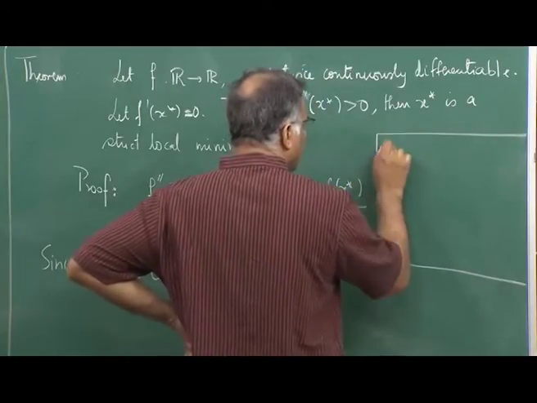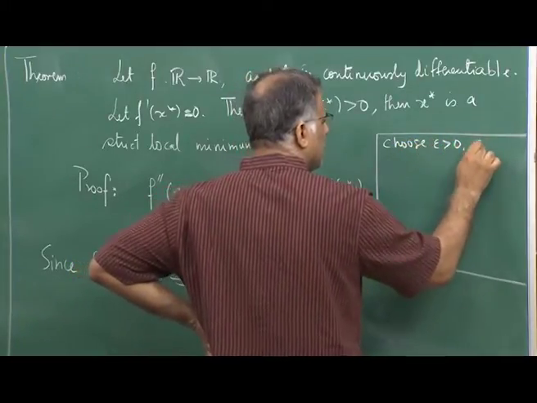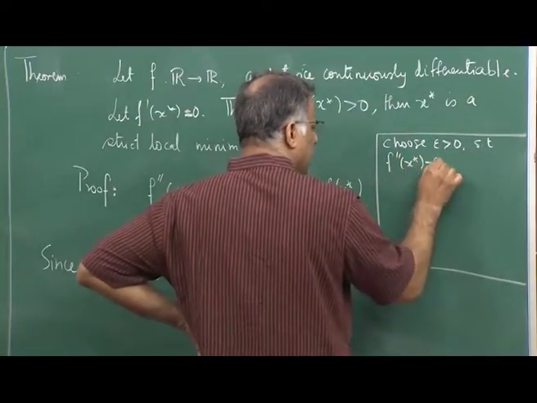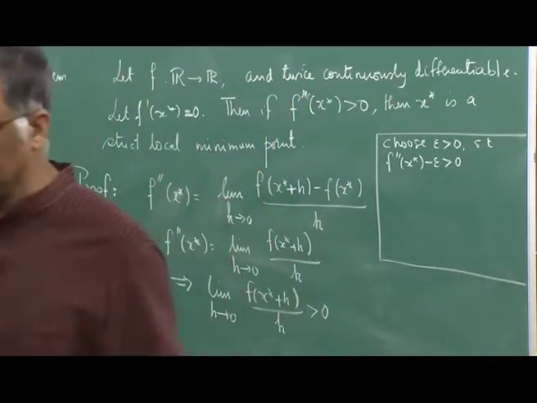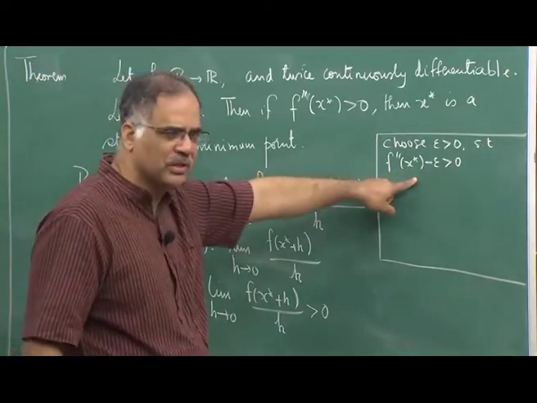Choose an epsilon greater than 0 such that f double dash x star minus epsilon is strictly greater than 0. This is possible because f double dash x star is strictly bigger than 0. If I take away a very small quantity, it will still remain positive. Between 0 and any positive number there are infinitely many positive numbers, and that is the key of making this statement. So, I can choose this.